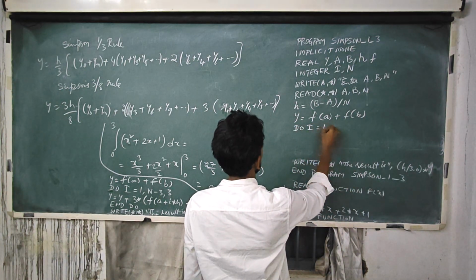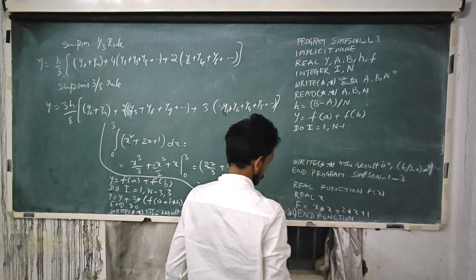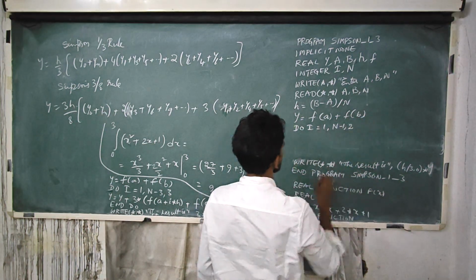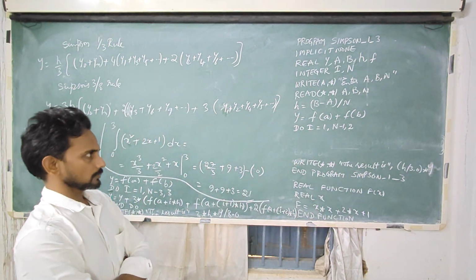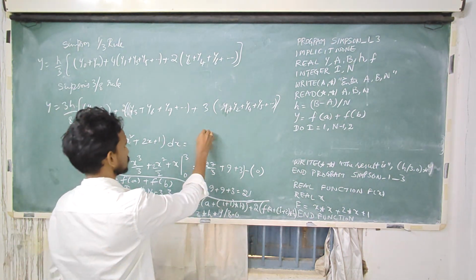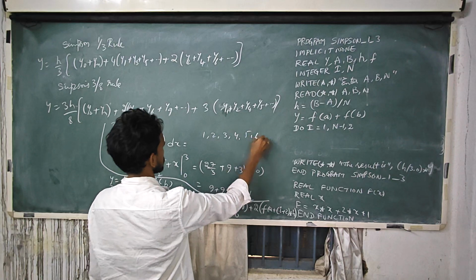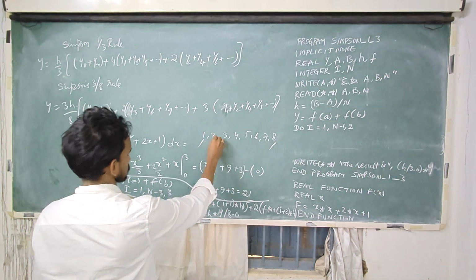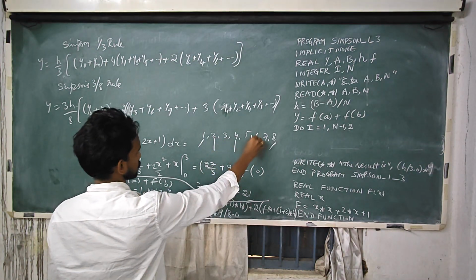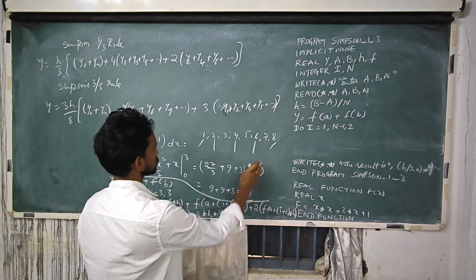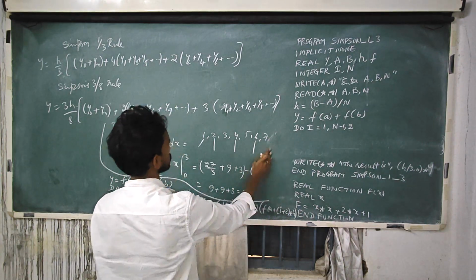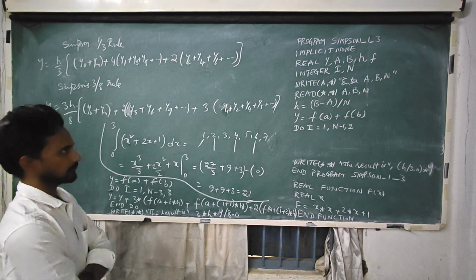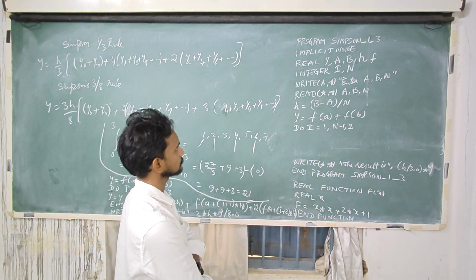So do I is equal to 1 to n minus 1, the step size of 2. I'm considering all odd terms. Let's say 1, 2, 3, 4, 5, 6, 7, 8. Exclude these two and consider all odd terms. This one, y1, y3, y5, up to n minus 1.